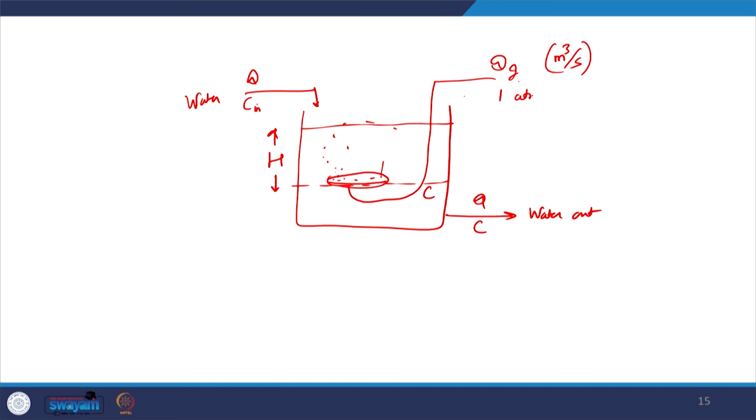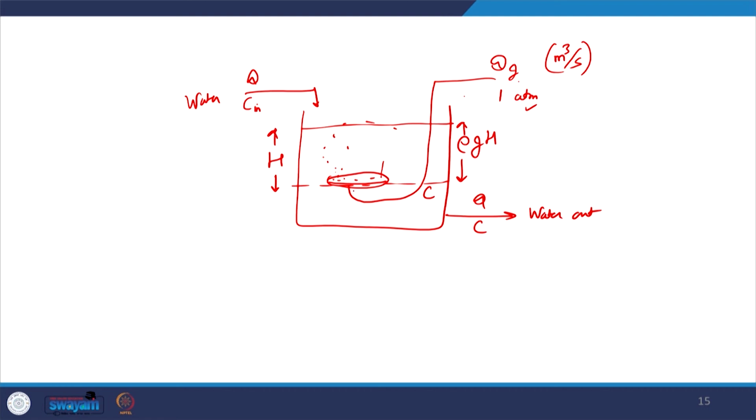Outside it is 1 atmosphere, but inside it is not, because it is being released at this particular depth. So the flow rate when it is released will change, because we have to take account of rho g h. The pressure is now not 1 atmosphere, it is 1 plus rho g h, where h is the depth of the liquid at which this diffuser is installed.